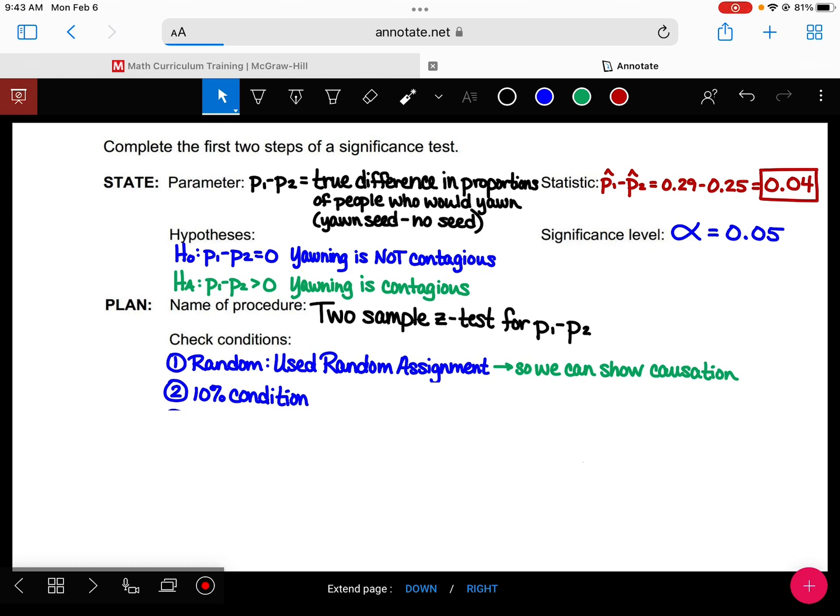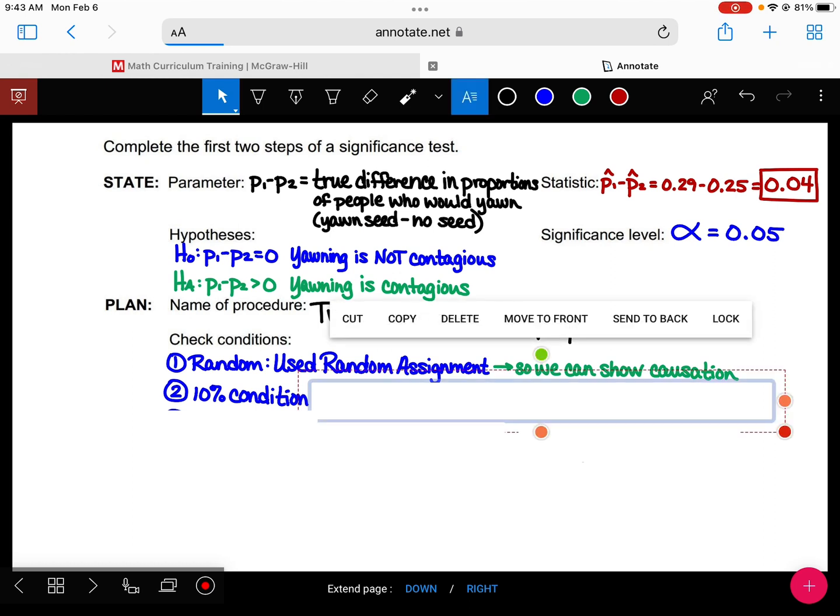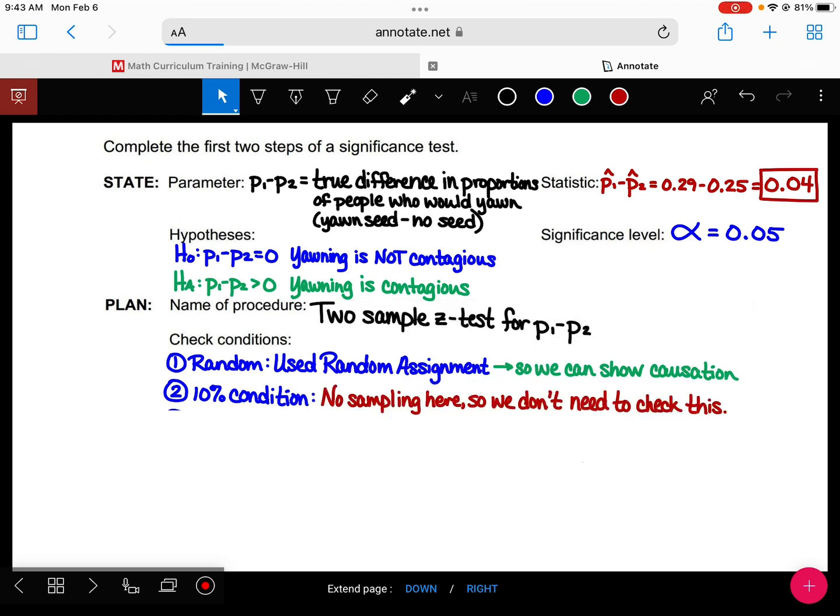Did we have random samples? No. So we don't have to check this condition. No sampling. When we pick random samples is when we have to check our 10%. And only when we sample without replacement do we have to check this. When we're doing an experiment with random assignment, we don't have to check our 10% condition.